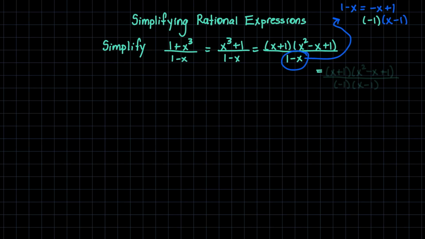So now we have (x plus 1)(x squared minus x plus 1), which we know is prime, over -1 times (x minus 1). We do not have a common factor between our numerator and our denominator. They are relatively prime. So we are finished. There's nothing that simplifies to 1. We have factored it completely. We can't simplify anything out. So we stop. The numerator and denominator are relatively prime.